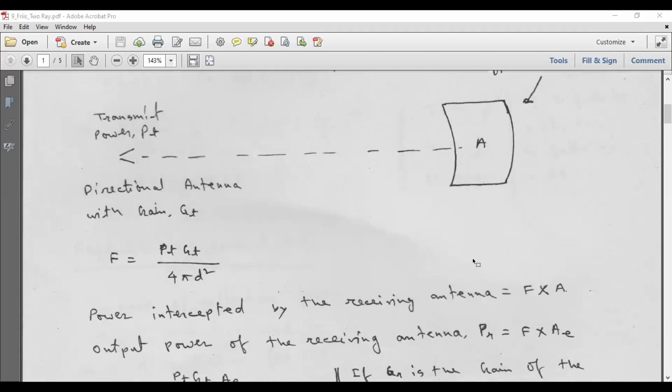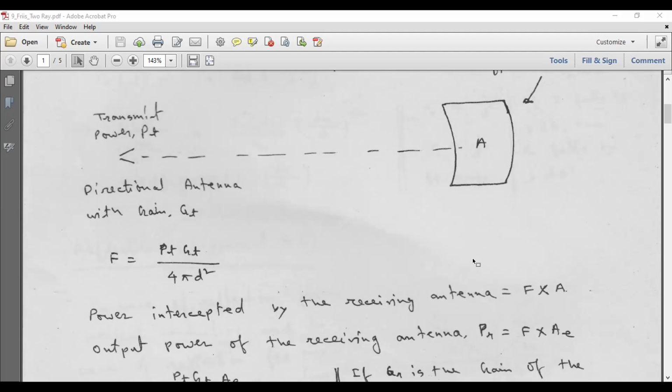Okay, very good. But we know that actually it is not the physical area that impacts. Rather, the power we get at the receiving circuit depends on the effective aperture. We discussed effective aperture, which tells you that if the amount of power is incident on the effective aperture of the antenna, then you actually get how much power.